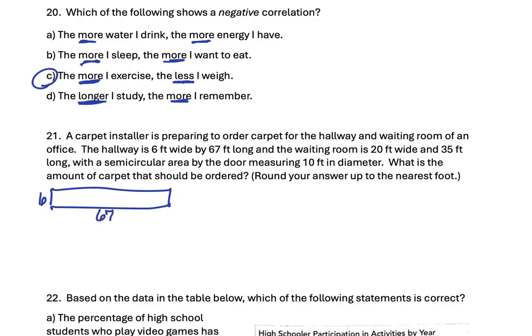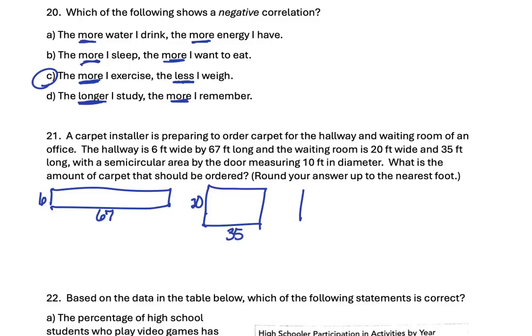And the waiting room is 20 foot wide and 35 feet long. That's 20 by 35, and all this is measured in feet. And there's a semicircular area by the door measuring 10 foot in diameter.